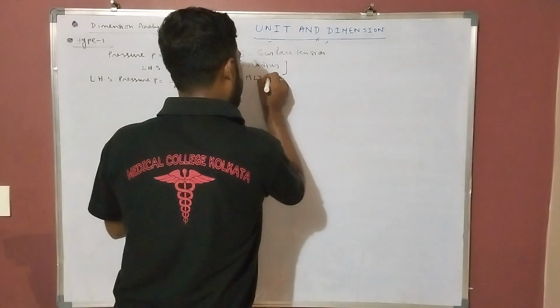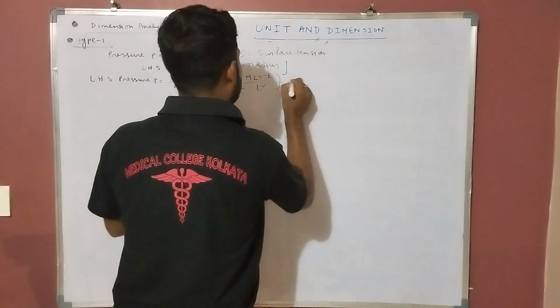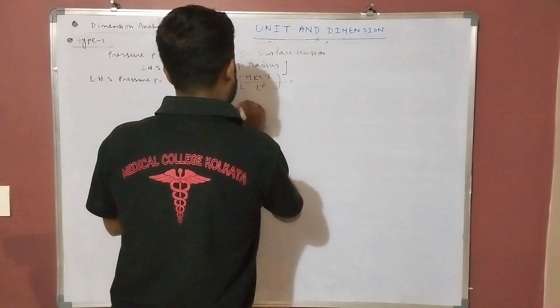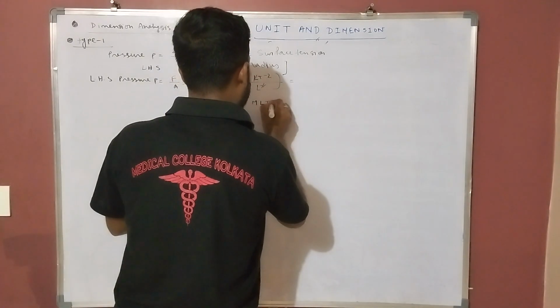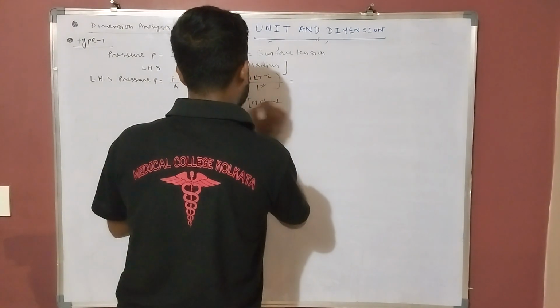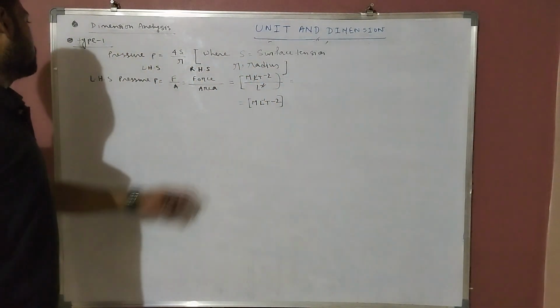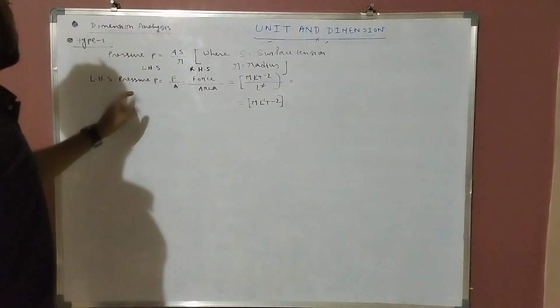MLT to the power minus 2, and area L square. So ML to the power minus 1 T to the power minus 2. This will be the dimension of pressure.